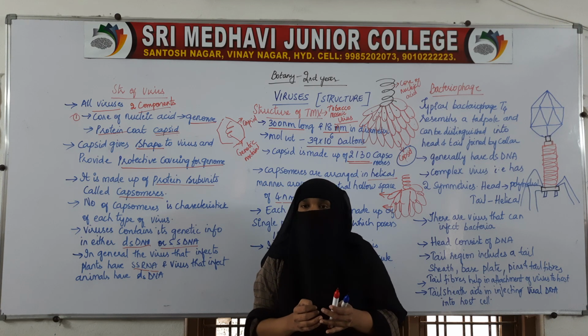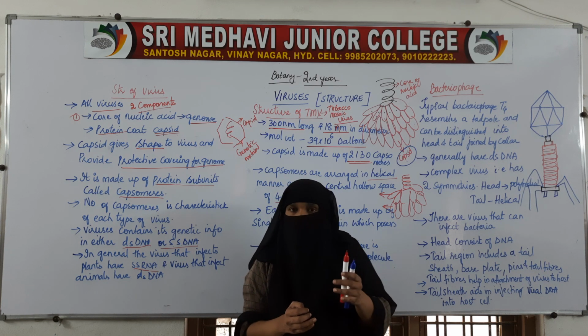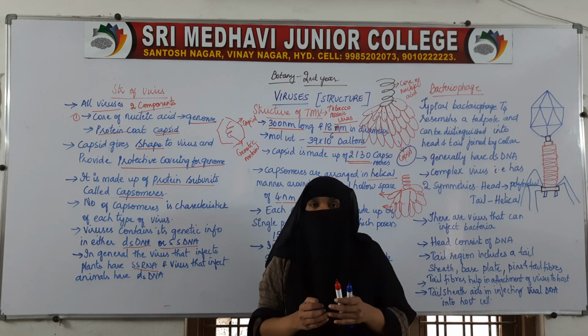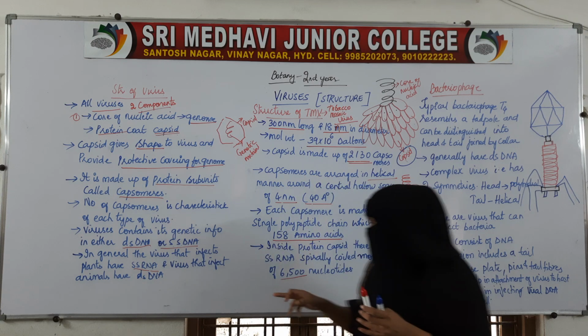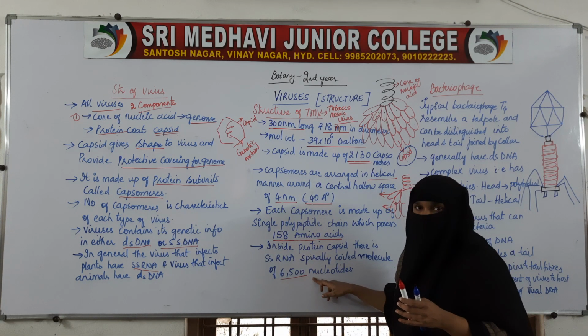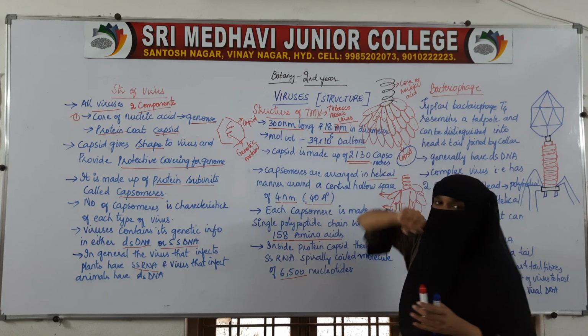In RNA, instead of thymine we have uracil. These join and form the nucleic acid. So how many nucleotides are there? 6500 nucleotides are present in the single stranded RNA of TMV.